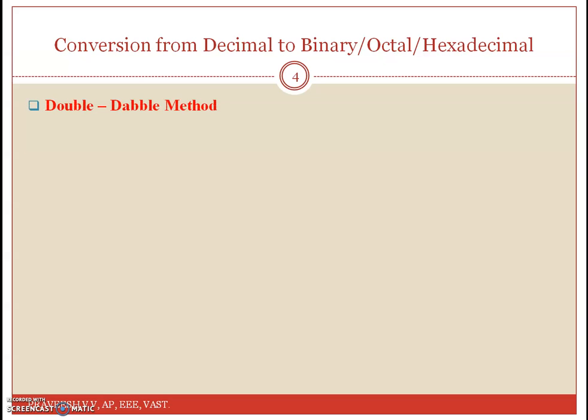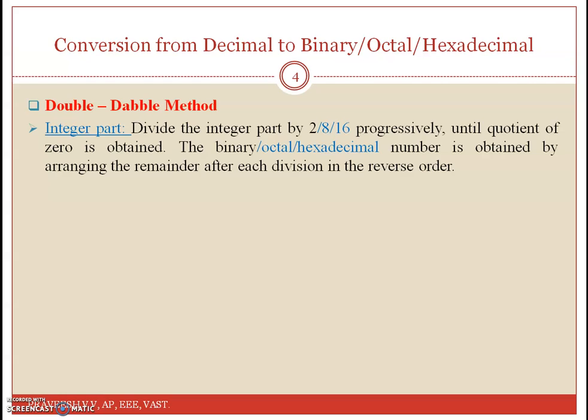The method used is double dabble. If you have an integer part and a fractional part in the decimal number to be converted, you will have to follow two different steps for the fractional part and for the integer part. First we will discuss the integer part.